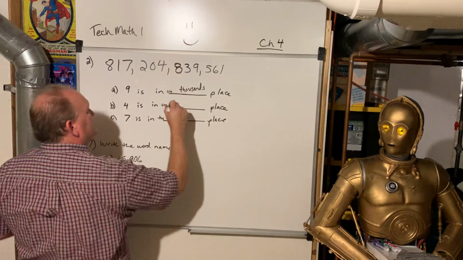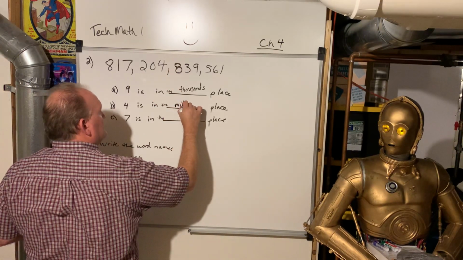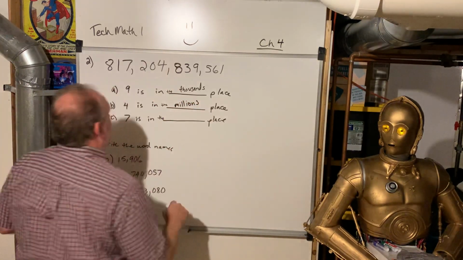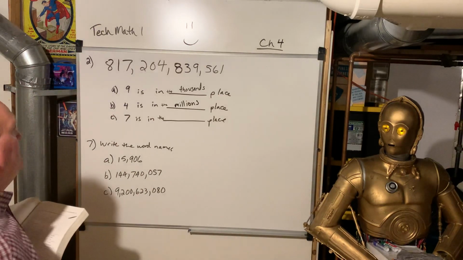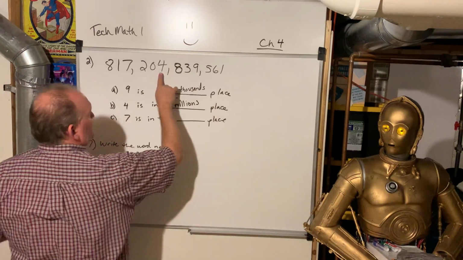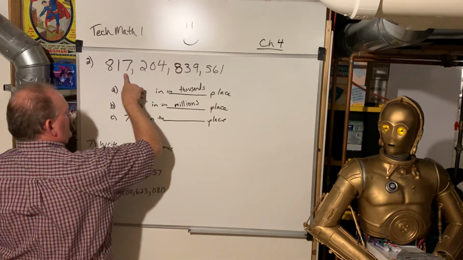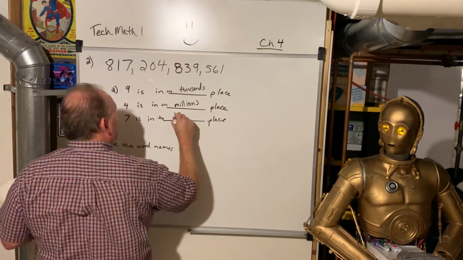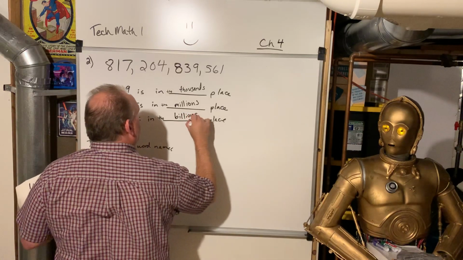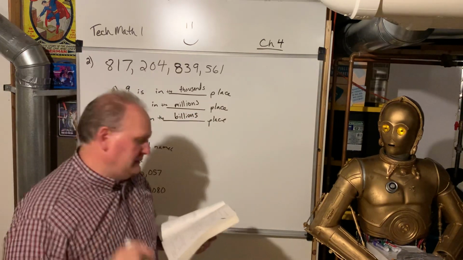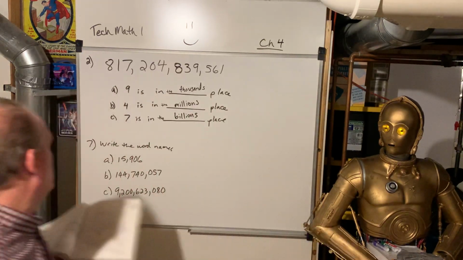That's the millions place. And 7 is in the, let's see, we were on millions, 10 millions, 100 millions. That's in the billions, like Dr. Evil's billions case.